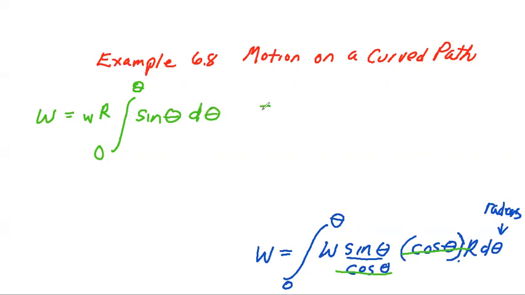And that's going to be equal to negative WR of cos theta from 0 to theta.